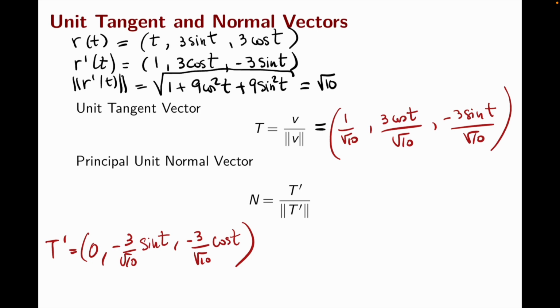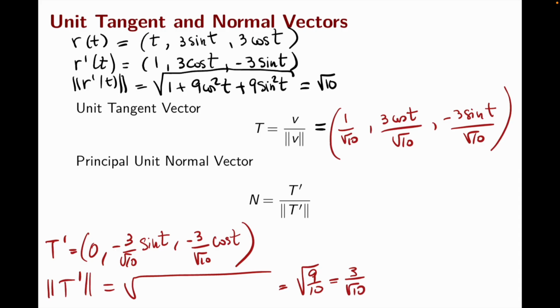Okay, and then we need also the norm of this vector, so we calculate the norm of this derivative, that is going to be the square root of this square plus this square plus this square. Well, we do all these operations and we get that this is just the square root of 9 over 10, which is 3 over square root of 10.